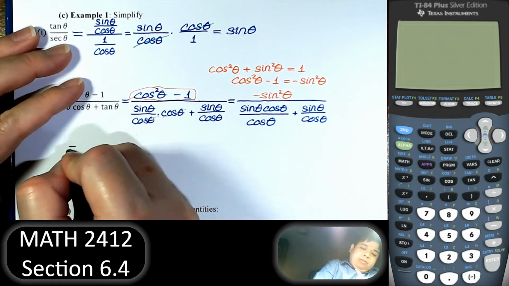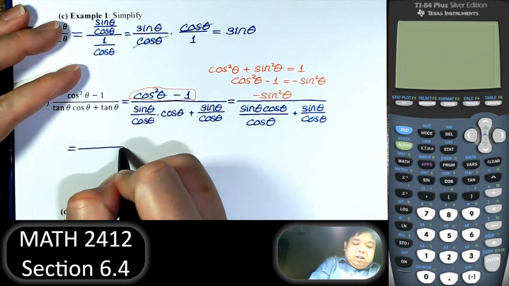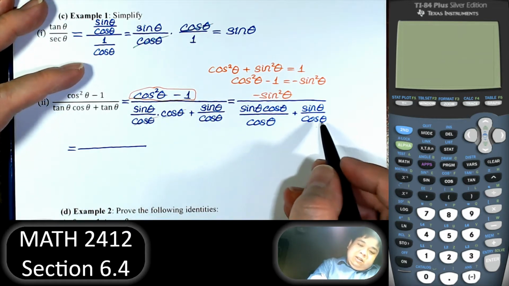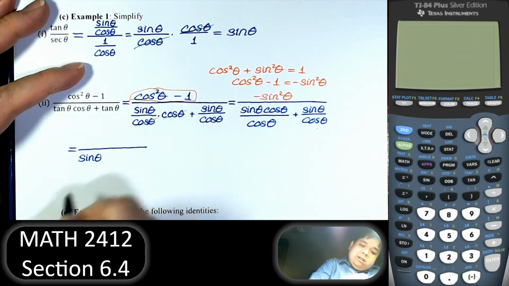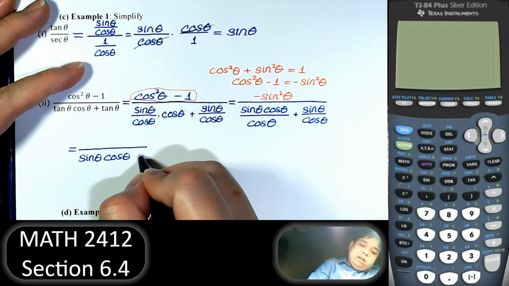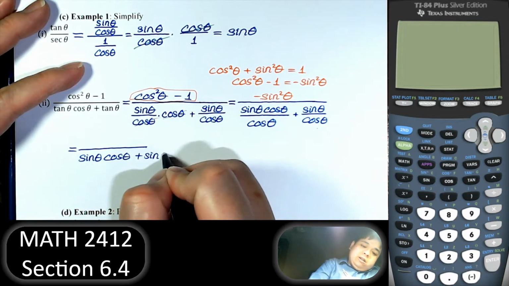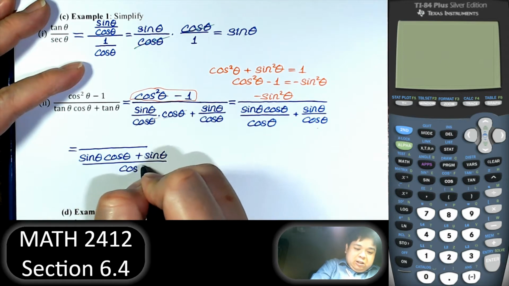Now I can combine the denominator. So I have sine cosine plus sine, all of that over the denominator of cosine theta.